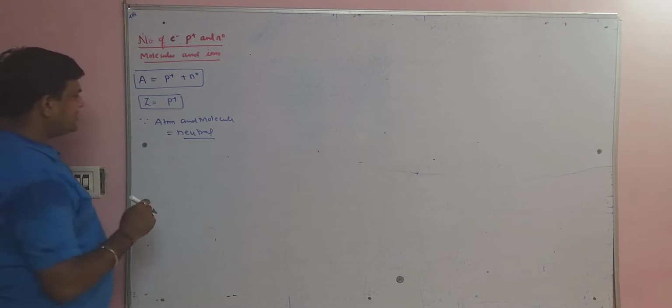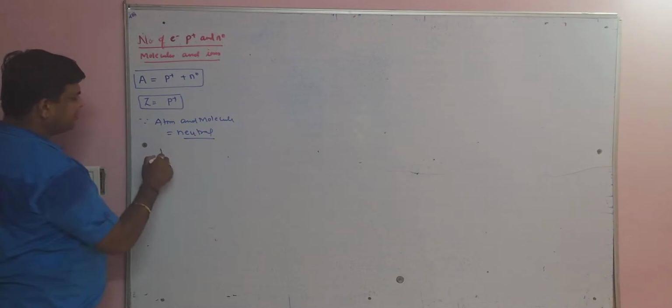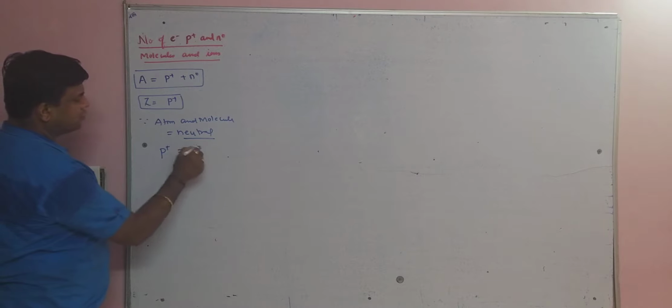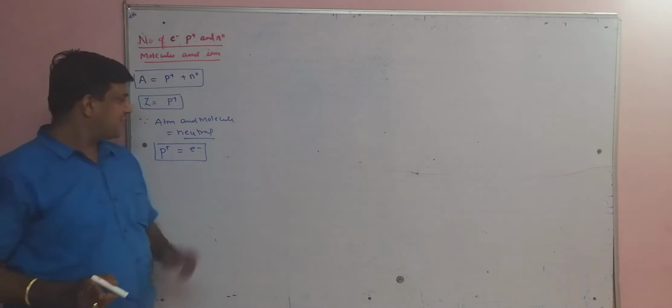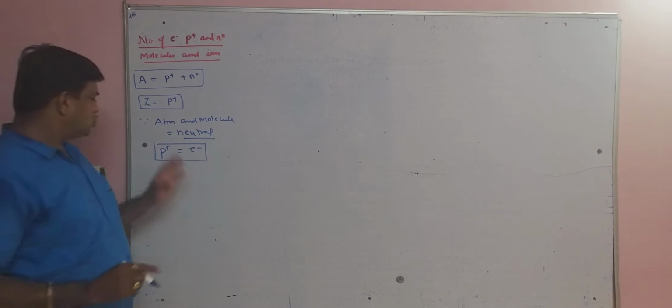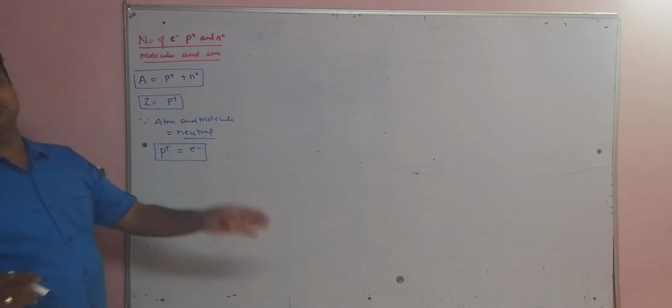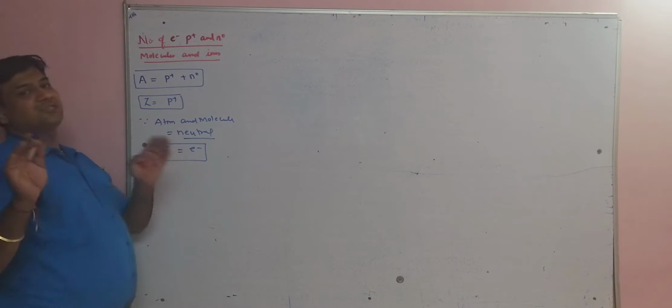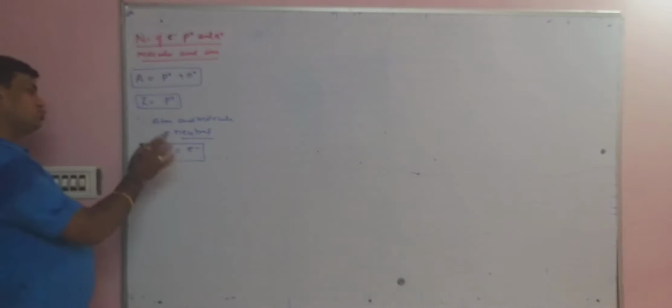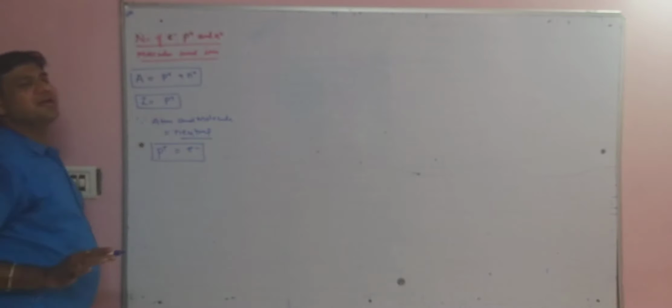What does it mean? If they are neutral, then the number of protons is equal to the number of electrons. Remember, we never say that electrons are equal to Z. No, electrons are equal to protons, and protons are equal to Z.